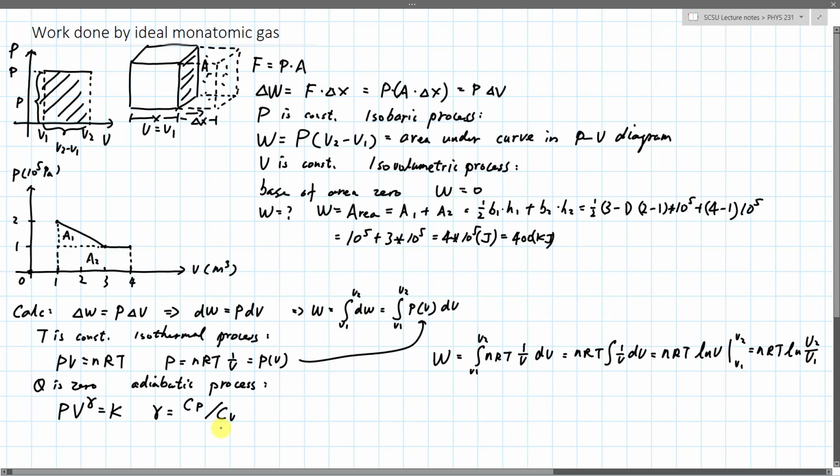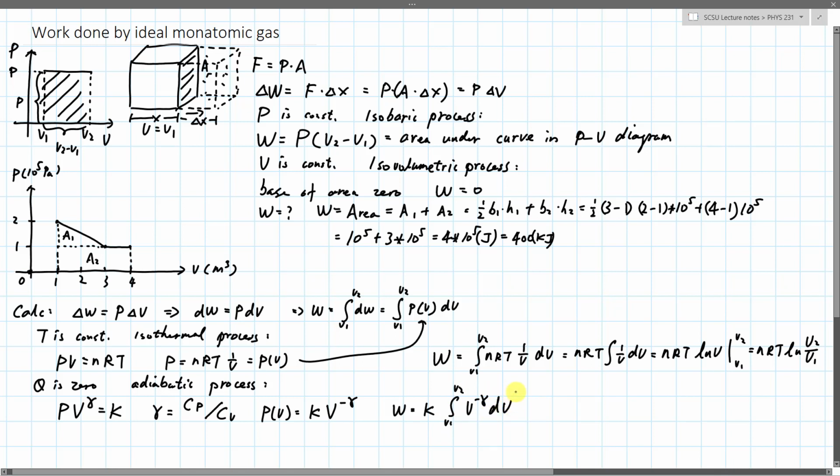Okay, so with this process, P as a function of V is equal to K times V to the minus gamma's power. So work done is the same thing. We factor out the K, V1, V2, V to the minus gamma's power, dV.